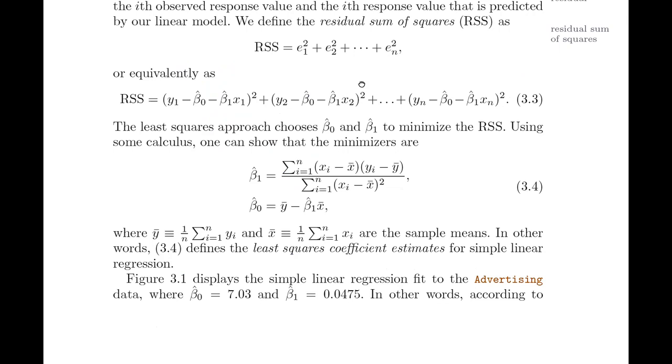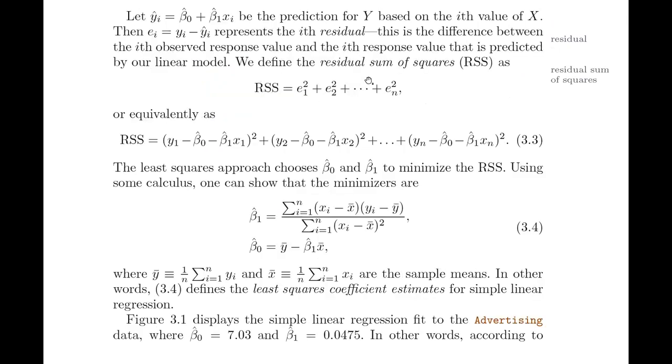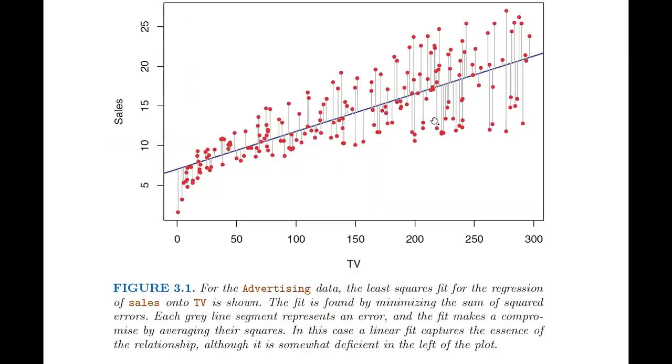We are trying to minimize the residual sum of squares made up of these n terms, where each ei is the difference between the actual and the expected. The actual is any of these red points. That's your actual raw data. If this is the training data, the blue is your expected.